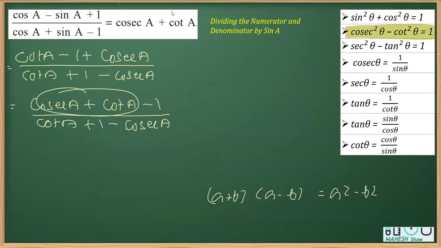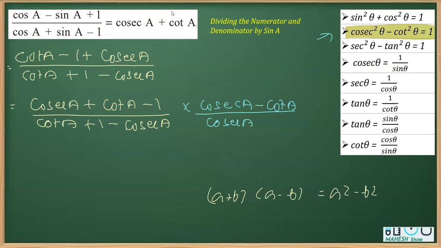So we have cosec A minus cot A and we have to get cosec square A minus cot square A. That is the reason we'll multiply the numerator and denominator with cosec A minus cot A. If I do so, in the numerator we have cosec A minus cot A, and the same with the denominator, cosec A minus cot A. Once again, we have this as cosec A plus cot A, and this multiplied with cosec A plus cot A.